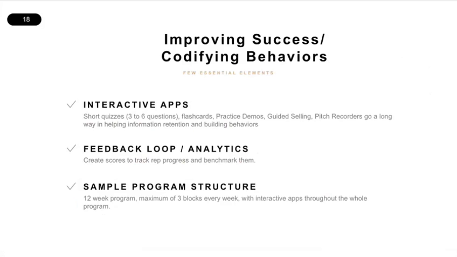One of the things that we have begun to see a lot of is the role interactive apps play in these onboarding systems or tools. So being able to have a short interactive quiz, apps like flashcards to improve memorization or recall, practice demo environments, or tools like chaperone or guided selling tools are very important in the overall sales process.